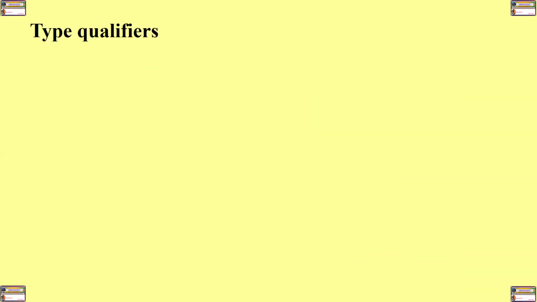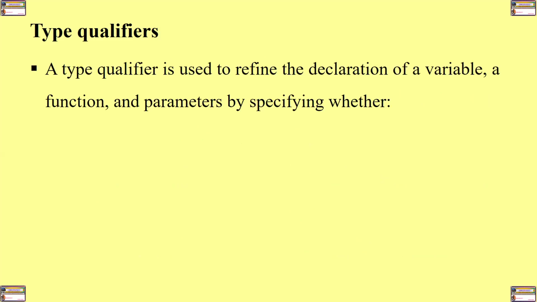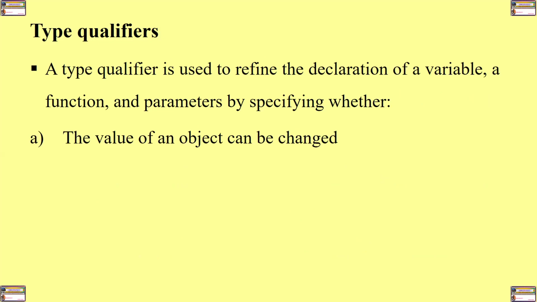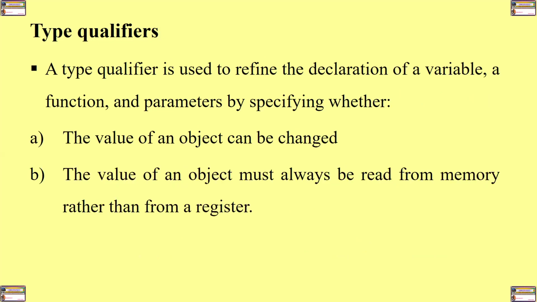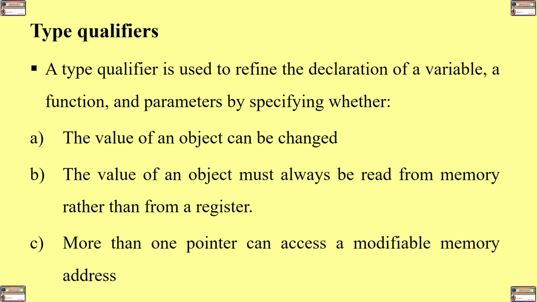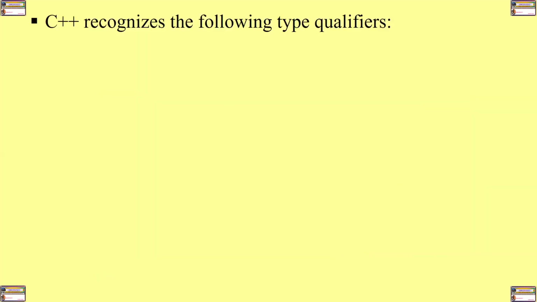Let's now look at what we call the type qualifiers. A type qualifier is used in the declaration of a variable, a function, and parameters by specifying whether the value of an object can be changed, whether the value of an object must always be read from memory rather than from a register, and whether more than one pointer can access a modifiable memory address.